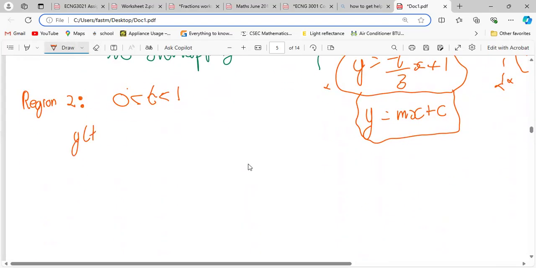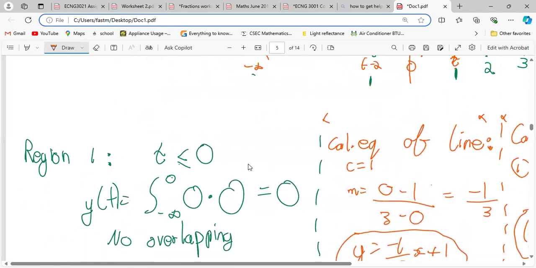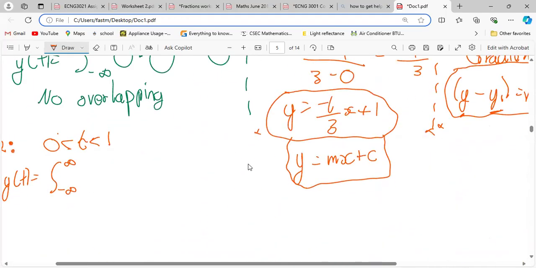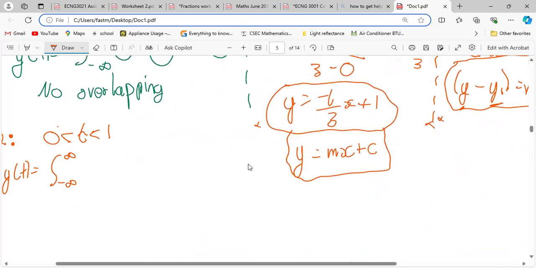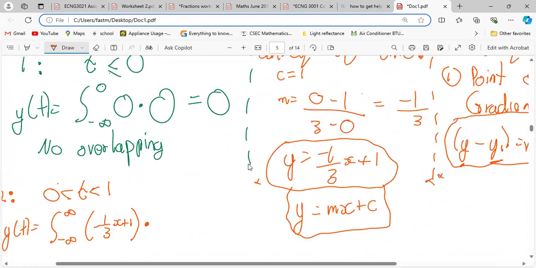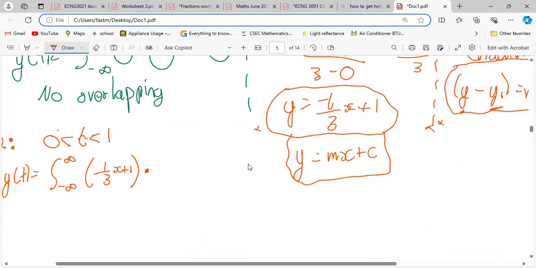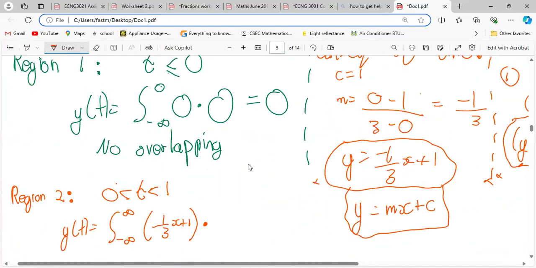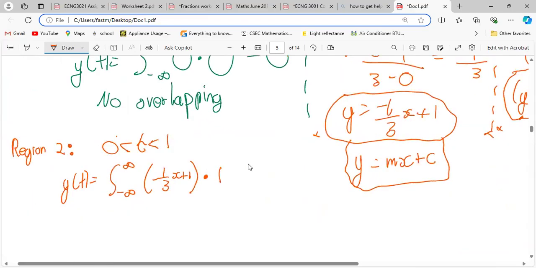So y at t is the integral from minus infinity to infinity, and x at tau is the equation of the line, which you already got. So it'll be minus 1 over 3 x plus 1. And then you have 1, kind of redundant to put 1 about small thing.